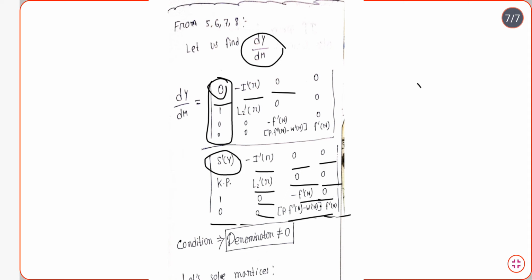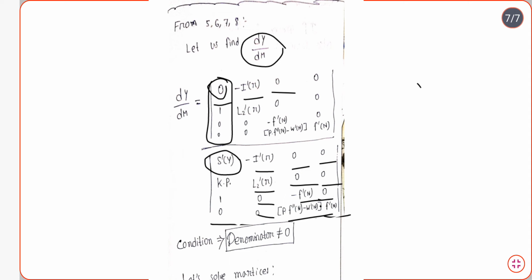Now why have I chosen the first column? That is a very important question that we have to understand. Because the value of dydm was in the first place.